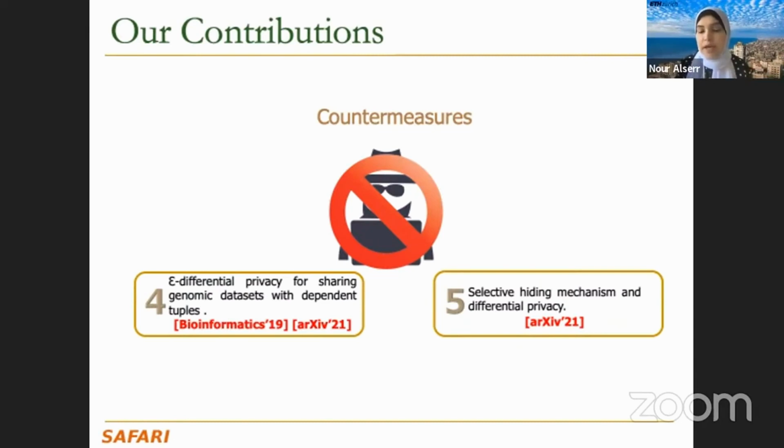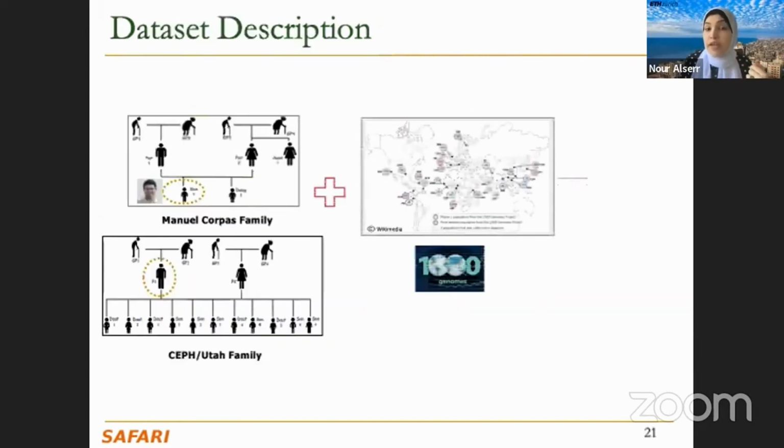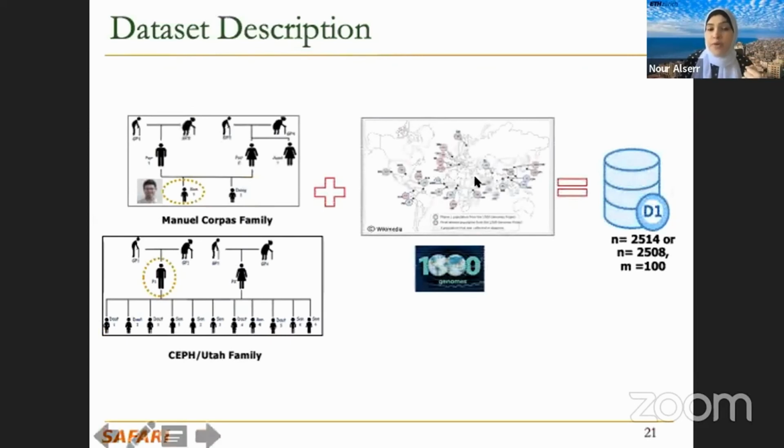Now, in all of these studies we use real-world data sets from the 1,000 Genomes Project. We have genomic data for more than 2,500 participants from different population areas.